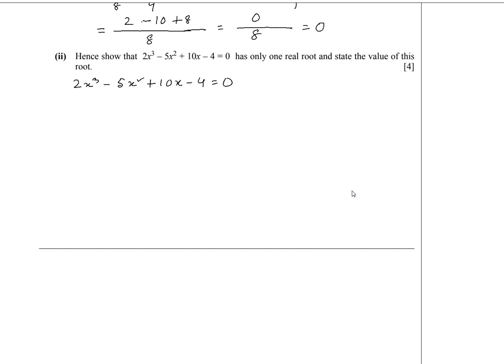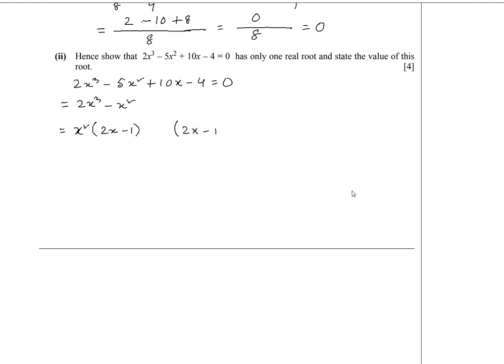So in the third line, let's write 2x minus 1. Now in the second line we need 2x cubed. In order to get 2x cubed, we have to multiply 2x minus 1 with x squared. If you multiply with x squared, it gives us 2x cubed minus x squared.